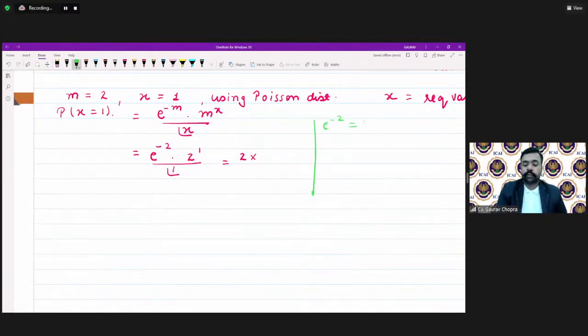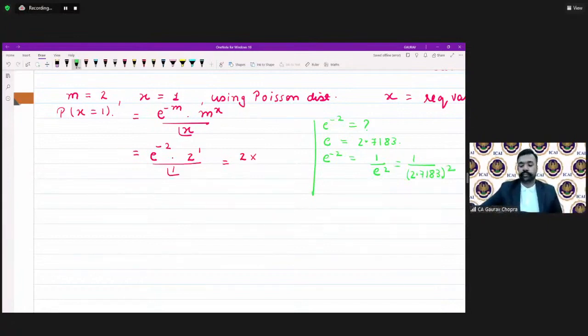What is e to the power of minus 2? So we know that e is equal to 2.7183. And e to the power minus 2 can be written as 1 upon e square, right? Now substituting its value, 1 divided by 2.7183 square.